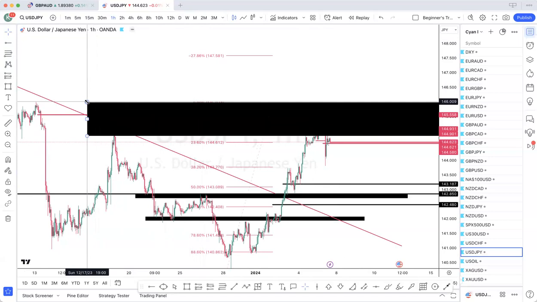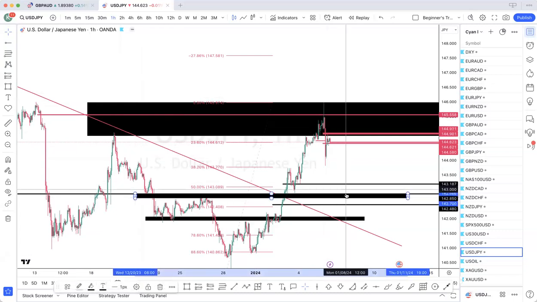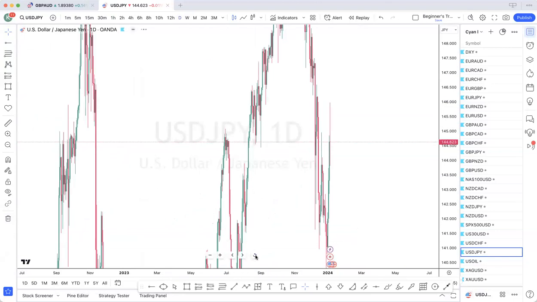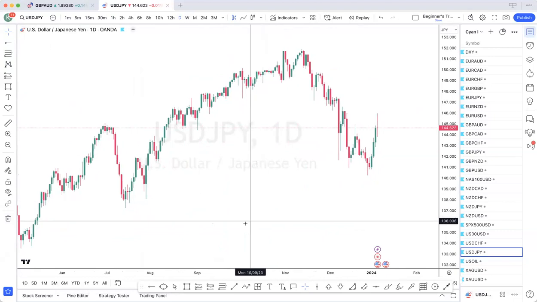I don't mark up 1 hour. I'm marking it up right here because that's where I think price is coming back to. If I'm just marking up the daily, maybe it works good on that higher time frame.